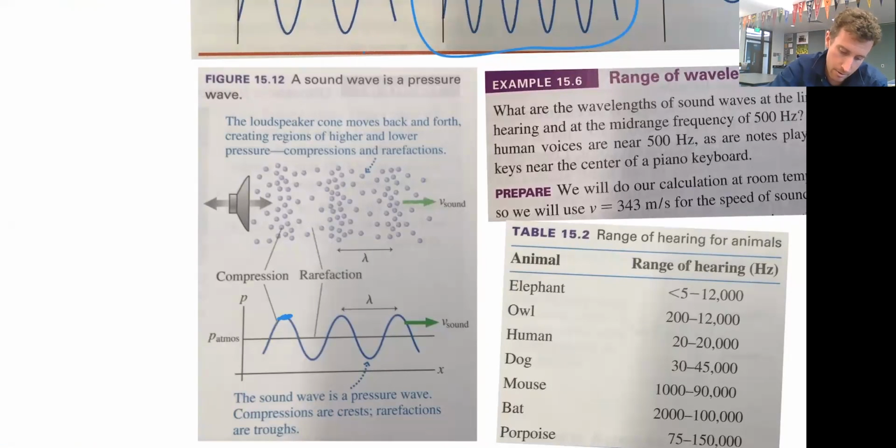Notice that the y-axis here is pressure. The middle value is atmospheric pressure, so that would be like neutral, just air pressure. So high values would be compressions, low values would be rarefactions, and they track perfectly: compression, compression, compression, rarefaction, rarefaction, rarefaction. Okay. Cool.